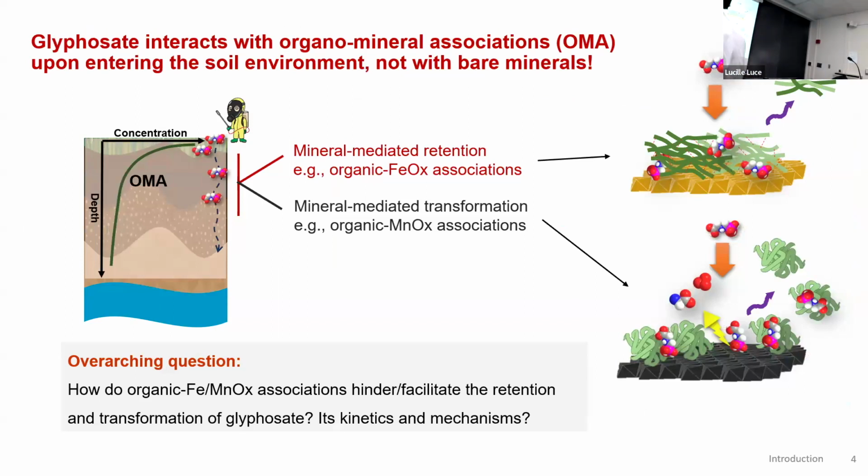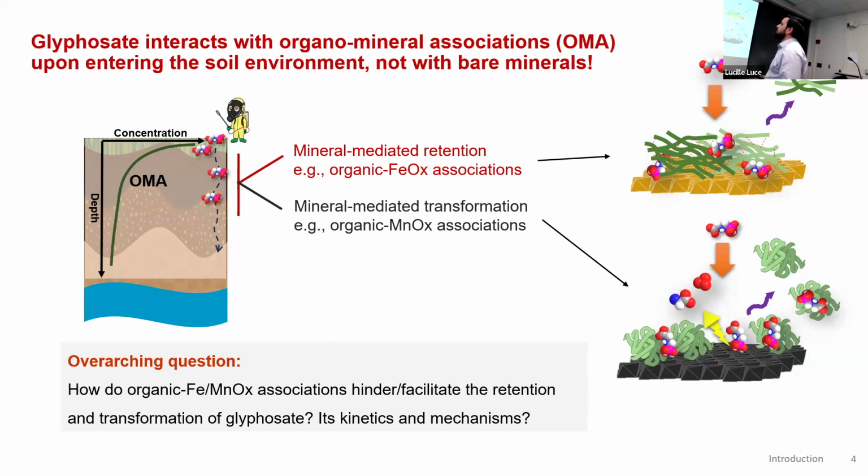This is a general figure of my dissertation. Organo-mineral association concentration diminishes as we go down the profile. After spray, obviously it's going to interact with organo-mineral association on top. Depending on the type of organo-mineral association, it can go into the retention process, or it can be transformed.